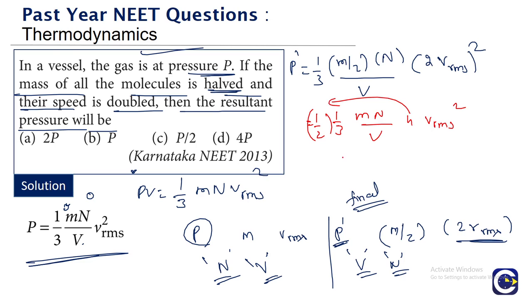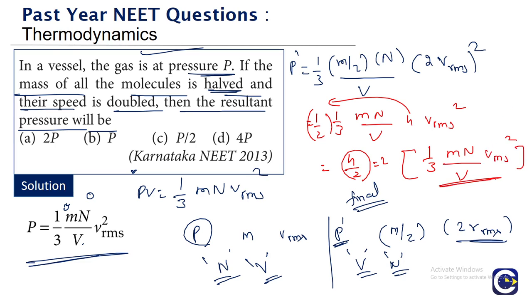So bring the 4 also forward, and you have 4 by 2, which is of course 2. So 2 into, the remaining thing is as it is, 1 by 3 mN divided by capital V into V RMS square. This is our original pressure, the initial pressure. So P dash is equal to 2 times the original pressure. So the answer is Option A, which is 2 times P.